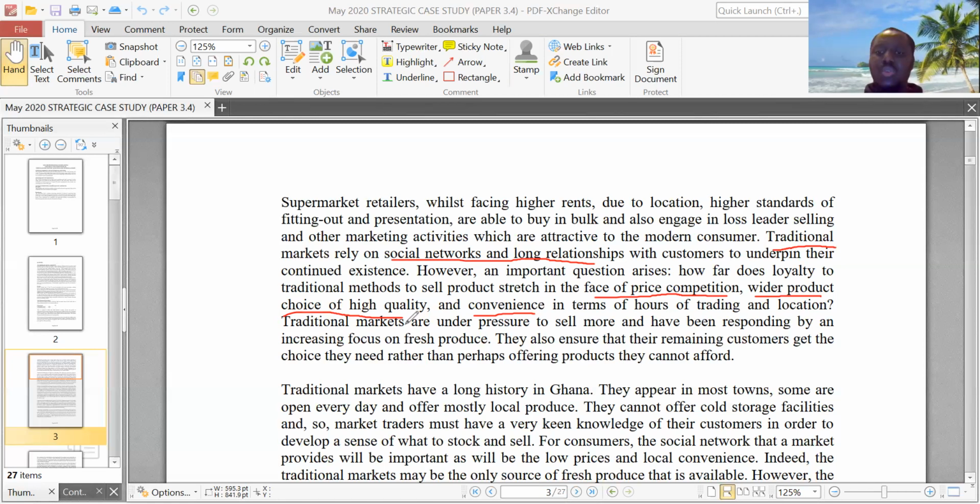So let's see how that goes. Why are they trying to venture into the fresh produce space? Are there any opportunities there that they are seeing? There are probably some opportunities that they are seeing that is making them make that move.